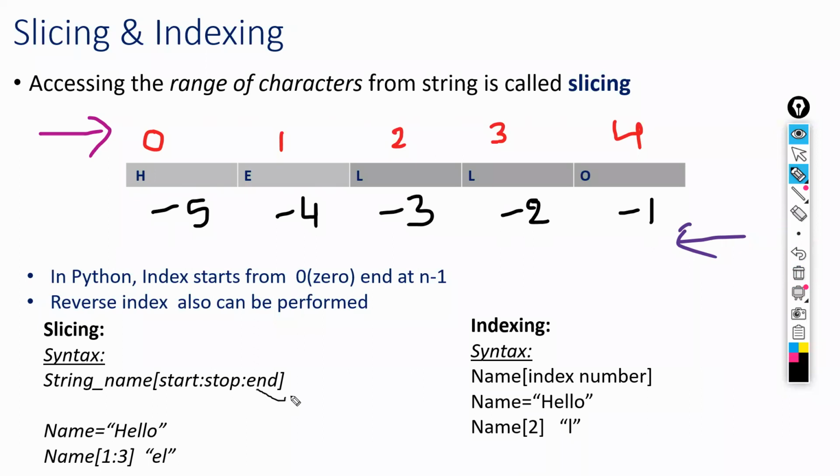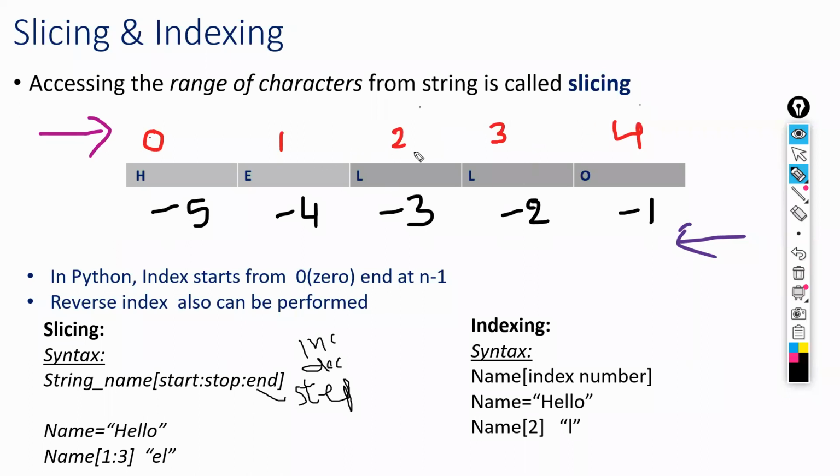And here, as already told, it's a step. What do you mean by step? Step means either an increment or decrement operator. If I want to get only even index numbers, that means 0 to 4.